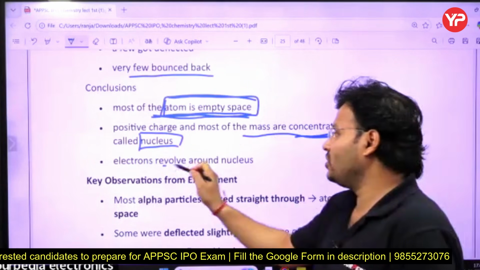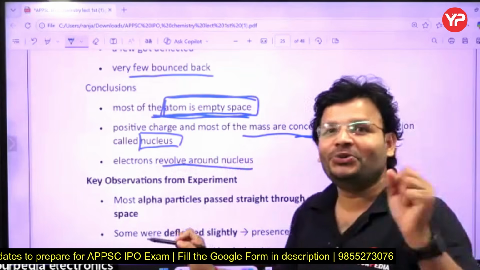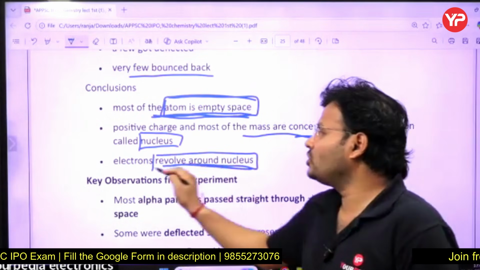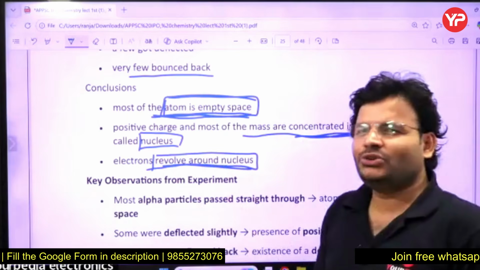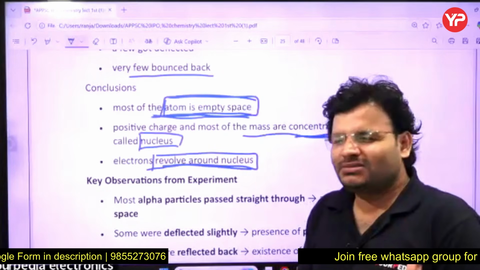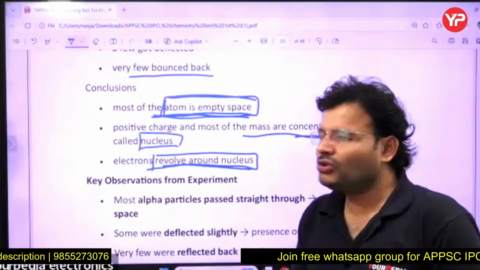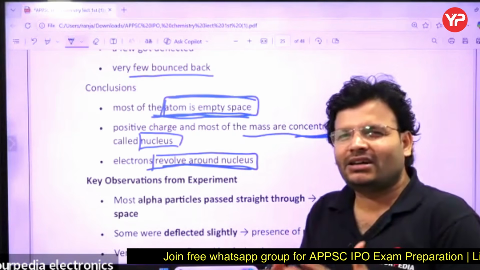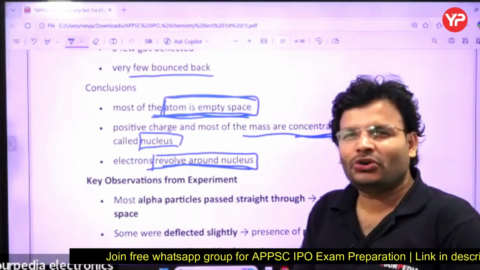Electrons revolve around the nucleus, but he gave one new concept. Electrons revolve around the nucleus, right? Before that, take Thomson: Thomson did not say anything about electrons. He just said they are embedded like seeds, the plum pudding model, something like that.